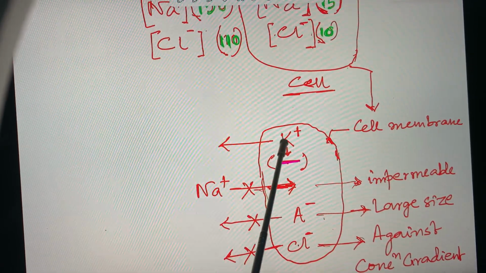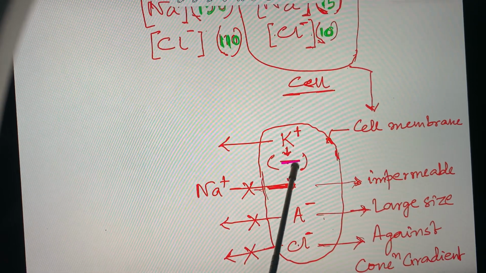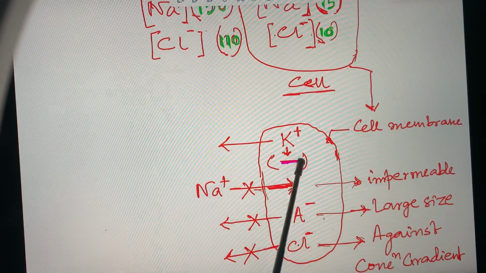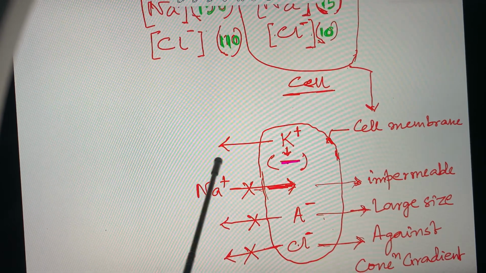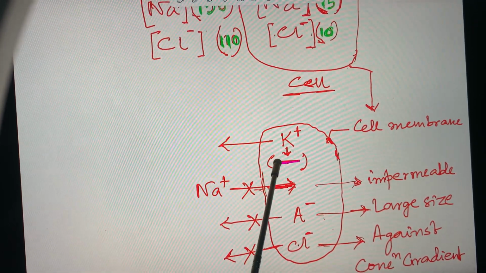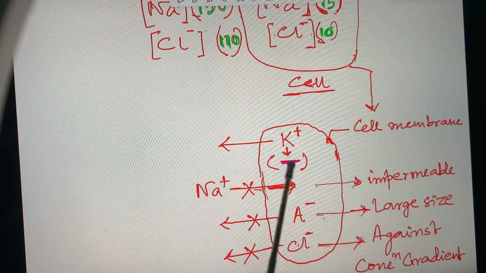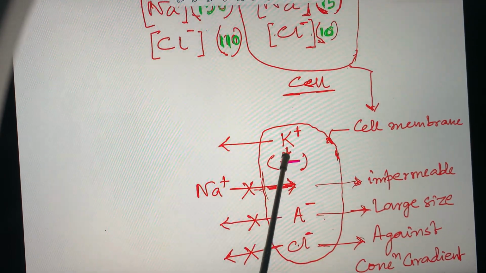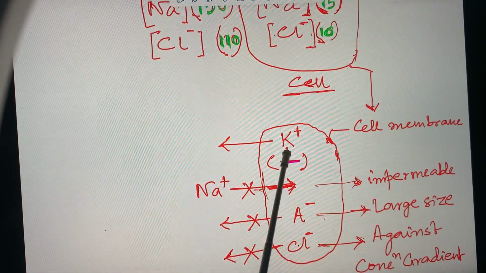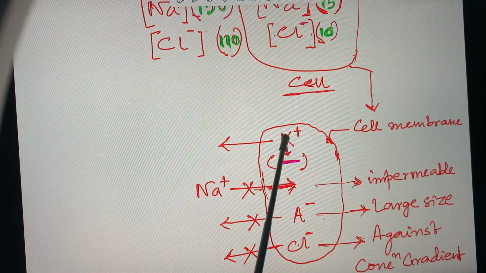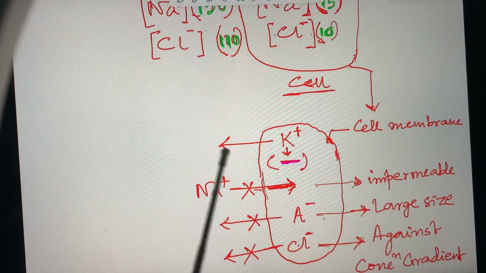But once this intracellular compartment becomes negative, it will attract the outgoing potassium ions towards inside the cell. So the electrical gradient will be directed inward, whereas the concentration gradient of potassium will go outward.